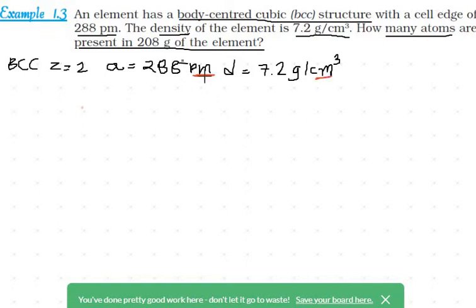So we need to convert this picometer into centimeter, and how you can write this as 288 into, what is picometer? 1 picometer is equal to 10 to the power minus 12 meter. Am I right?